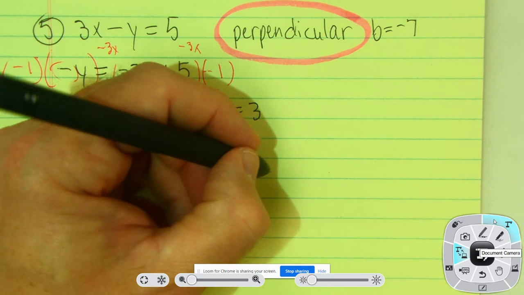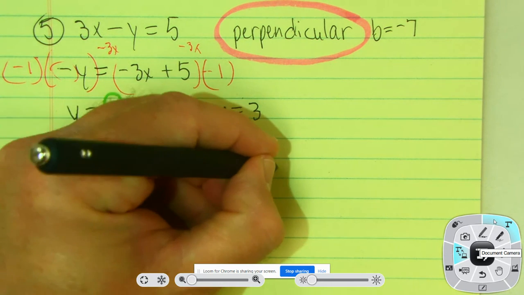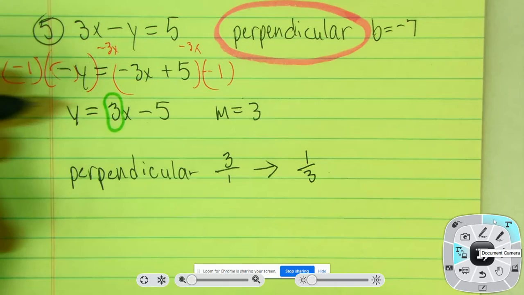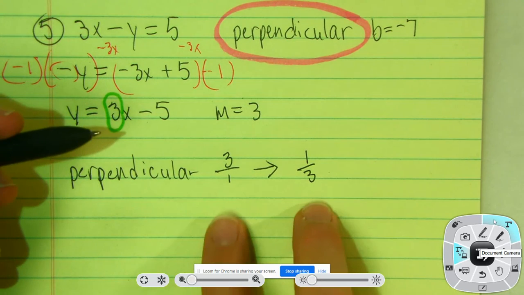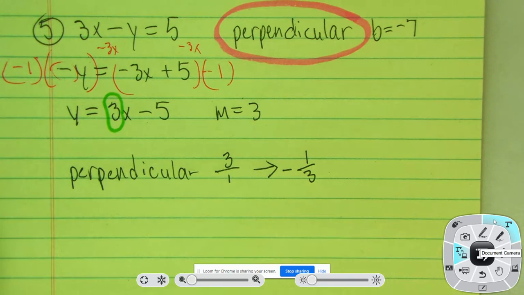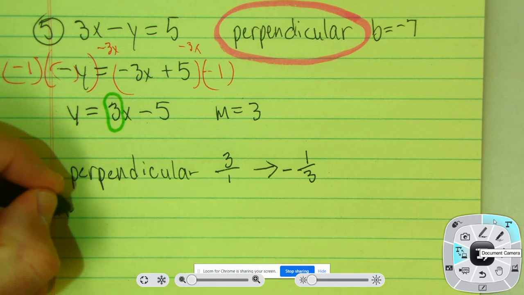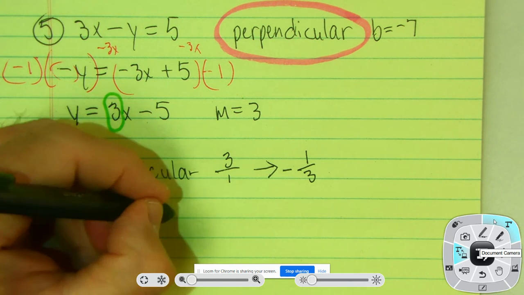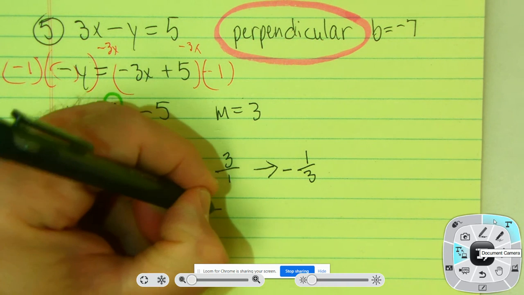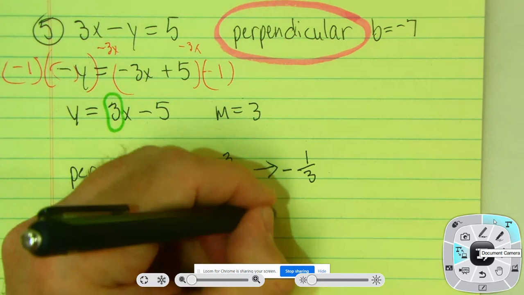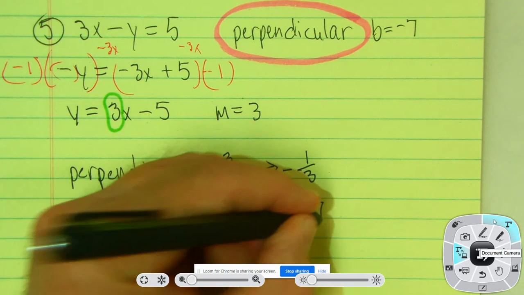Then I need to reciprocate it, so I'll turn it over or flip it. And it needs to be negative, so I need to reverse the sign. That's positive, so this would have to be negative 1/3. So the slope of my perpendicular line is negative 1/3. And my y-intercept is negative 7.